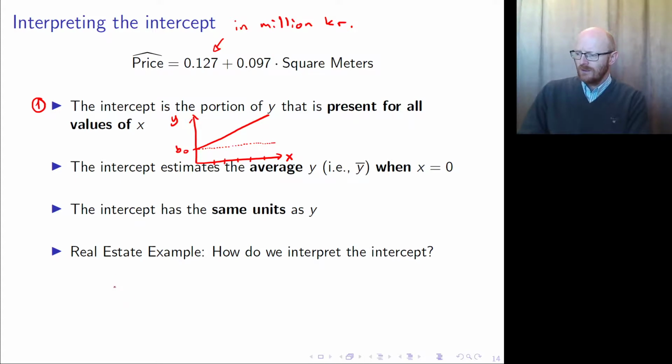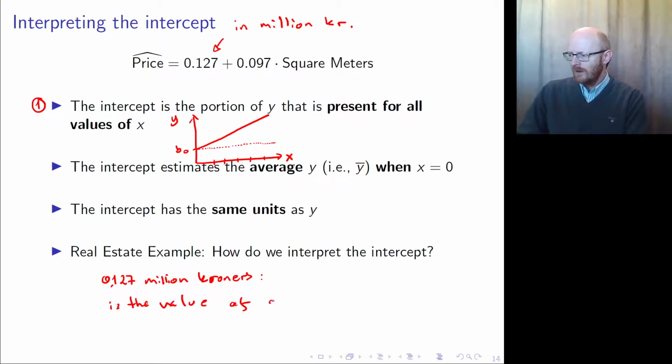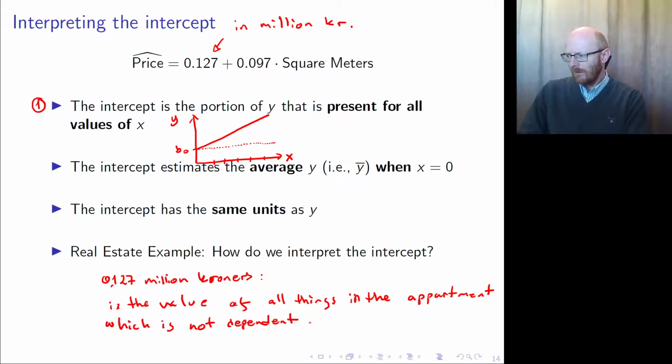Well, we could interpret it as 0.127 million kroners is the value of all things in the apartment which is not dependent on size.